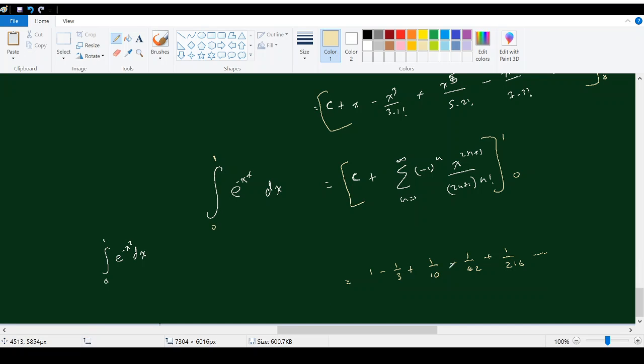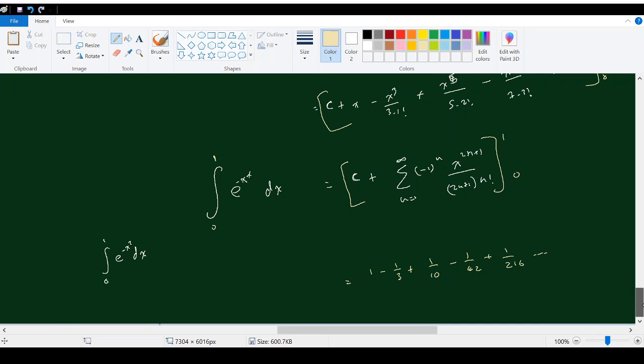Then you can see, now we cannot find the exact value of this series, right? Because this series is an alternating series with an infinite number of terms, so we cannot add an infinite number of terms. That means we cannot find the exact answer for this integral.